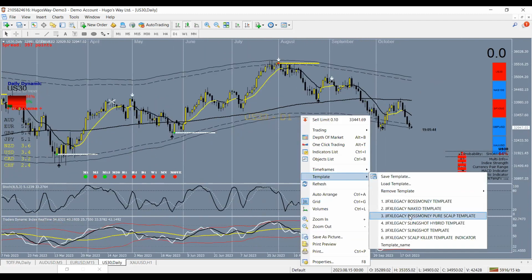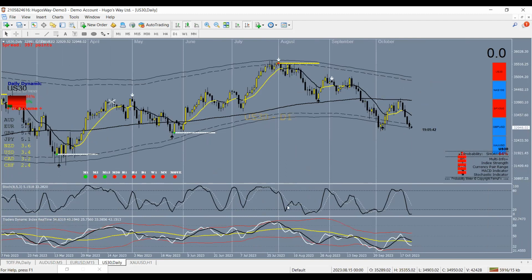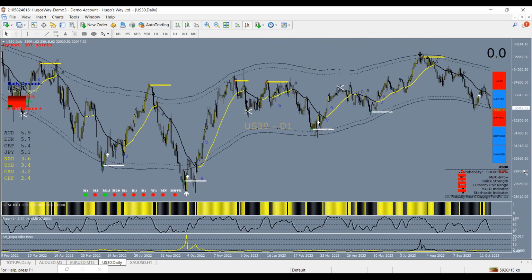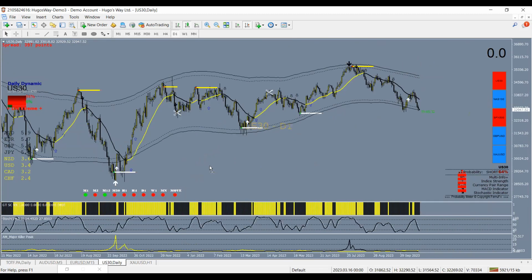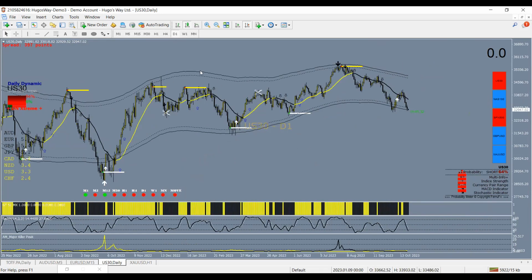And then you have your Scalp Killer template, which to me is a really good confirmation template, but more so for the higher time frames. If you're on the higher time frame, these signals are money. So daily, 4-hour, 1 hour, and you can place big swings with this particular template. A lot of people forgot about this template, but the confirmations are money.